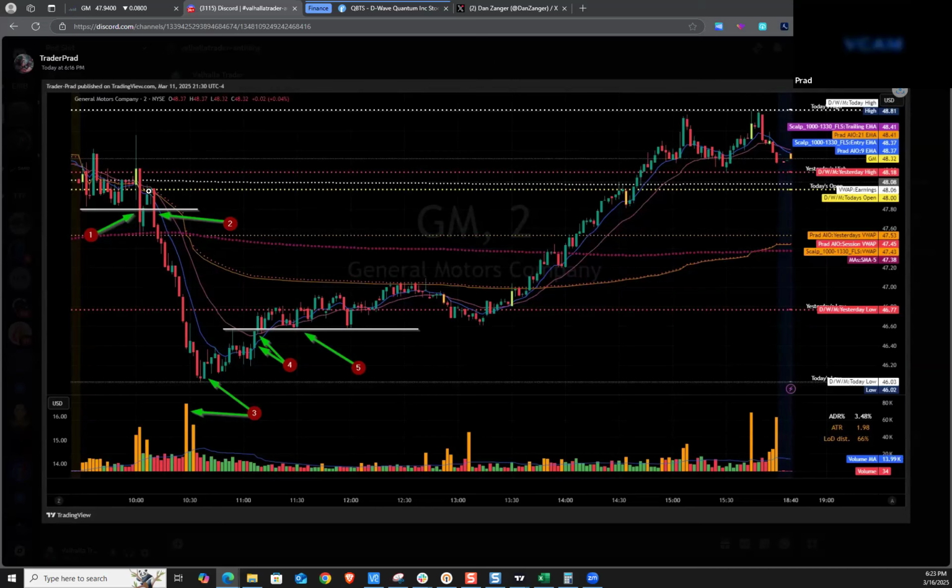Then you get a bounce from yesterday's close, and the 200 simple moving average on the 2 minute, right back into today's open. Actually, no, that's a bounce from yesterday's VWAP. So bouncing from yesterday's VWAP, right back into today's open, and then a break of again the opening range low, and then a flush right off the bat.